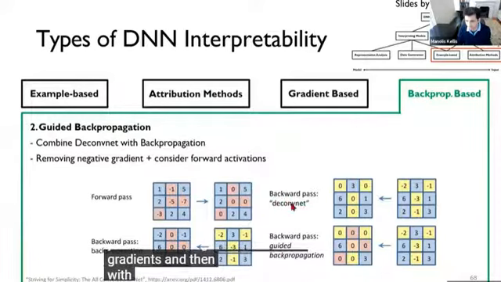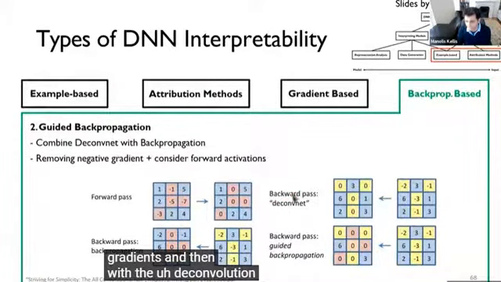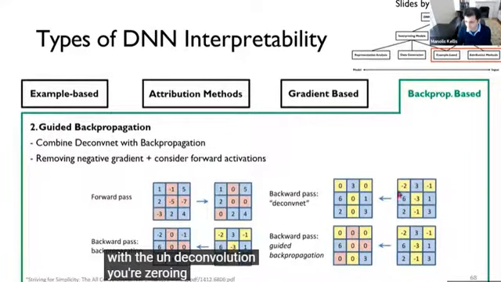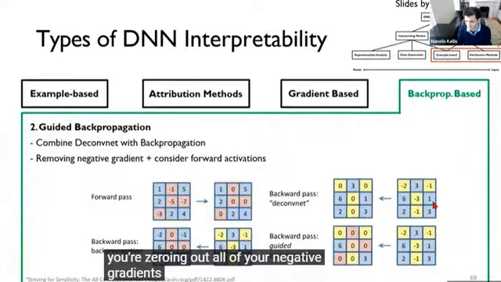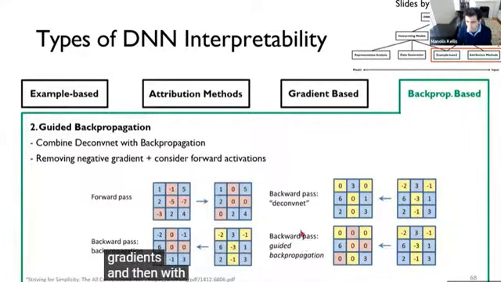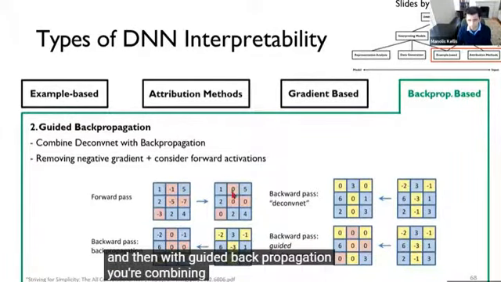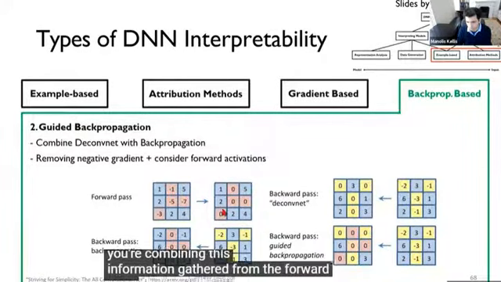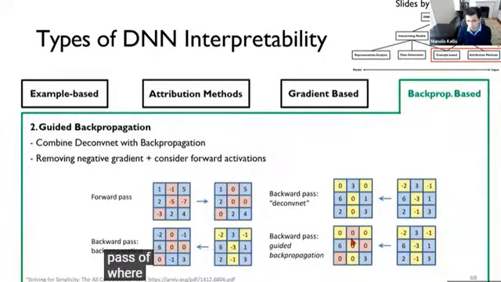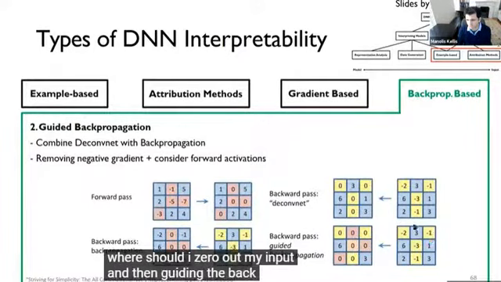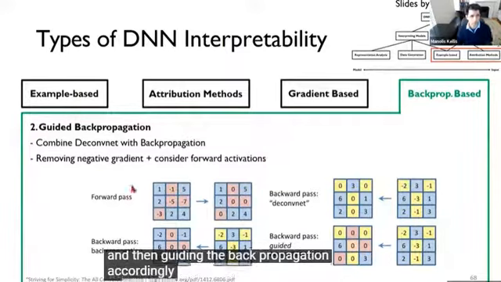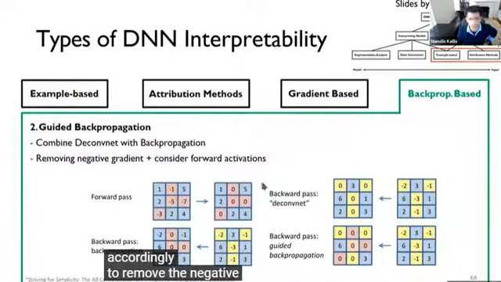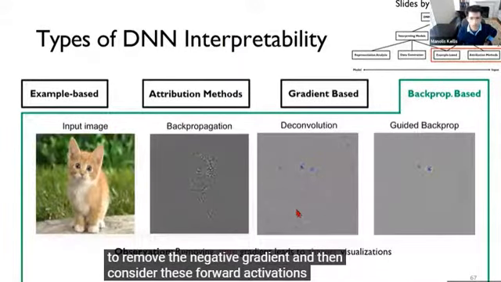And with the deconvolution, you're zeroing out all of your negative gradients. And then with guided backpropagation, you're combining the information gathered from the forward pass of where you should zero out your input, and guiding the backpropagation accordingly to remove the negative gradient and consider these forward activations.